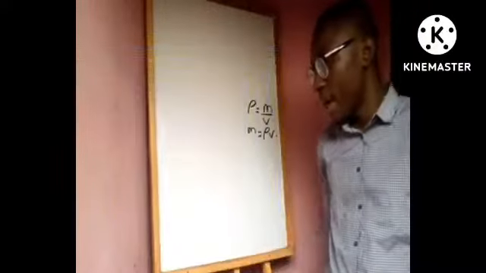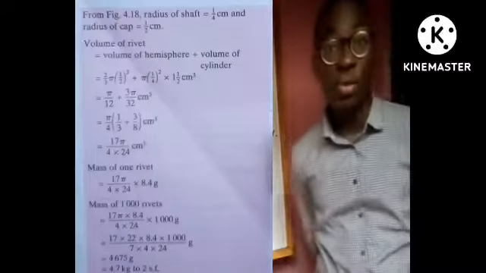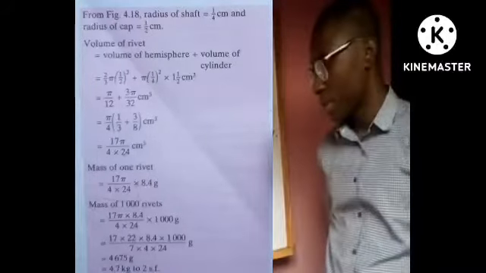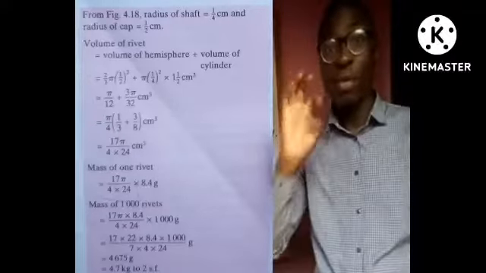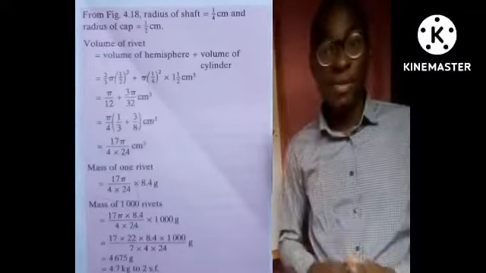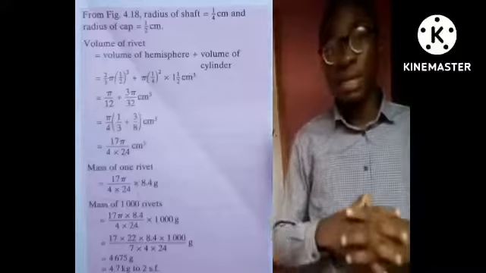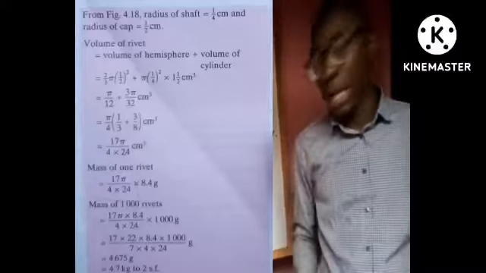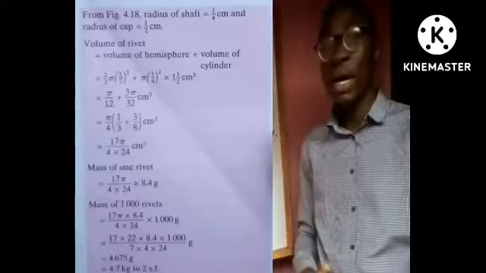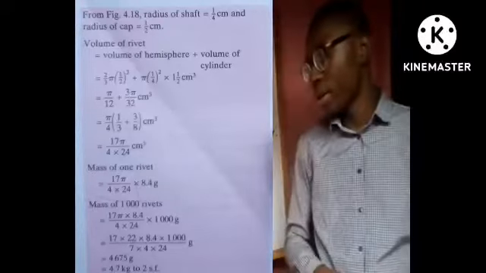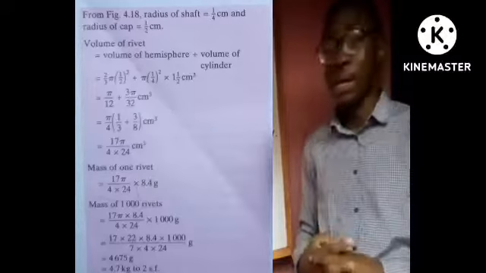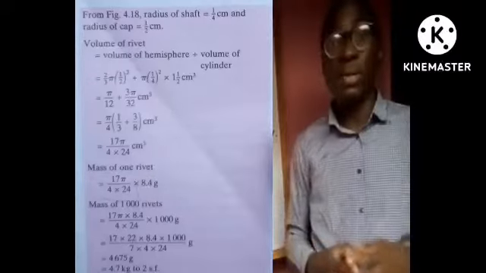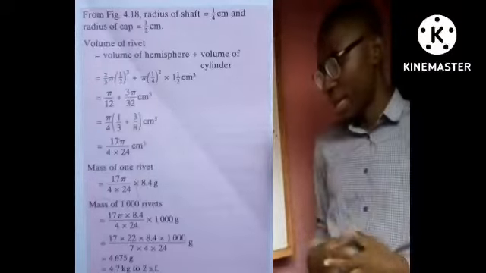So here we have the volume of the rivet is equal to the volume of the hemisphere plus the volume of the cylinder, right? The volume of the hemisphere is half the volume of a sphere. Hemisphere means when you cut a sphere into two. So the hemisphere will be half of the volume, and that is 2 over 3 pi r cubed. Then you add that to the volume of the cylinder, which is given by pi r squared h.